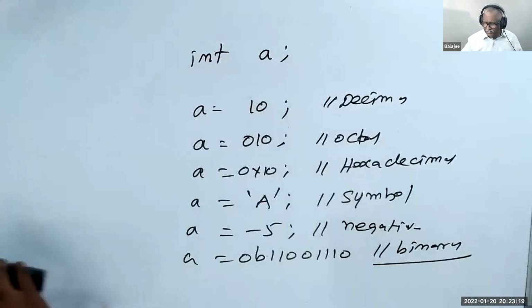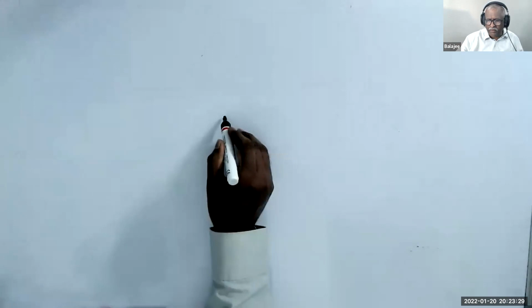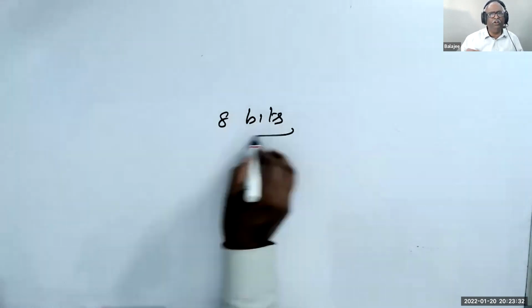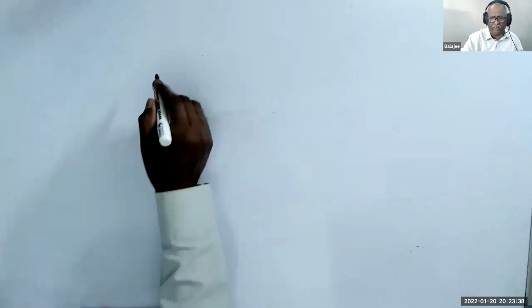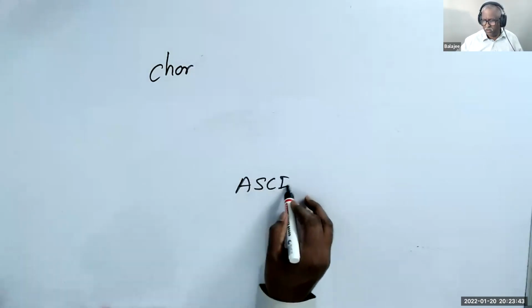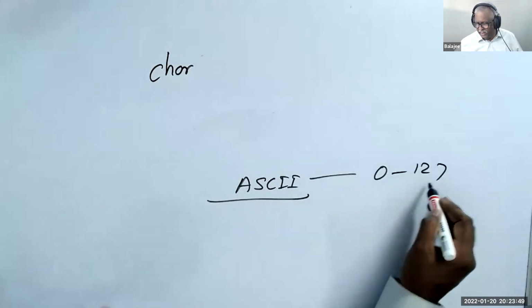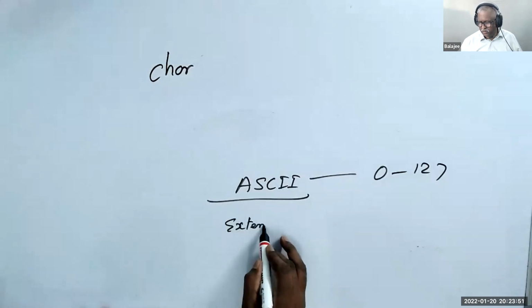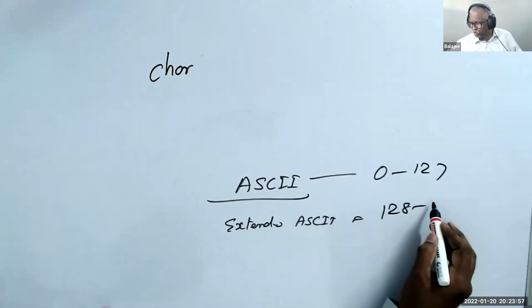Now let us take our case of a symbol. A symbol is generally allocated only 8 bits. So to store a symbol we don't use integer, we use only char, because the ASCII table normally has 0 to 127, and the extended ASCII is 128 to 255.